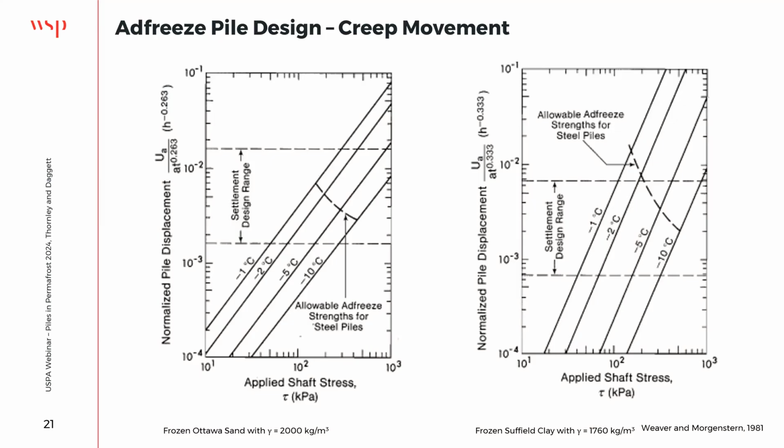Both of them are actually ice-poor soils, but you can see that we're going to get a different applied shaft stress, or adfreeze stress, depending on the normalized pile displacement that we would like to use. So we need to understand the temperatures and our pile displacement to move into what our adfreeze strength is going to be.